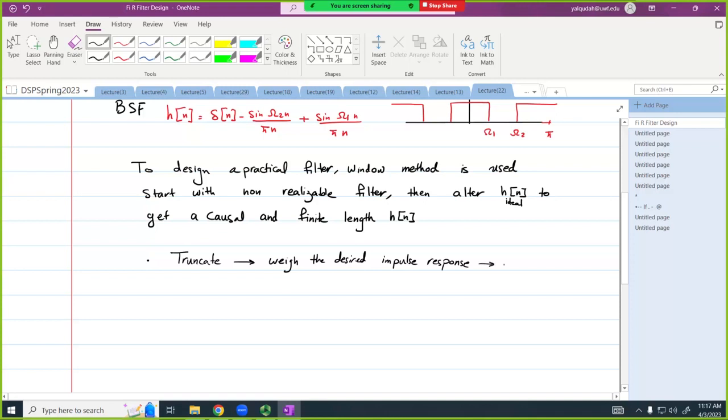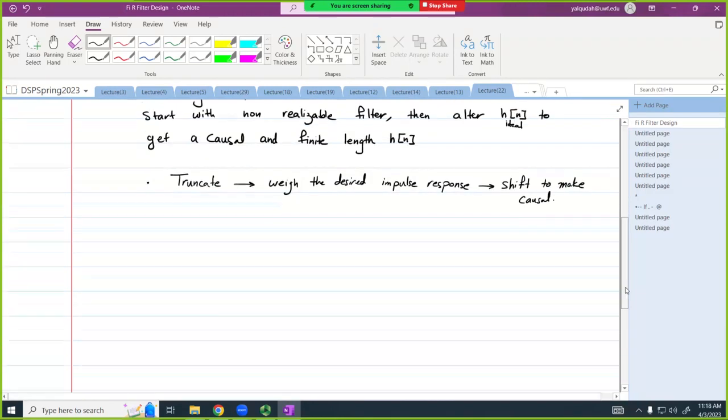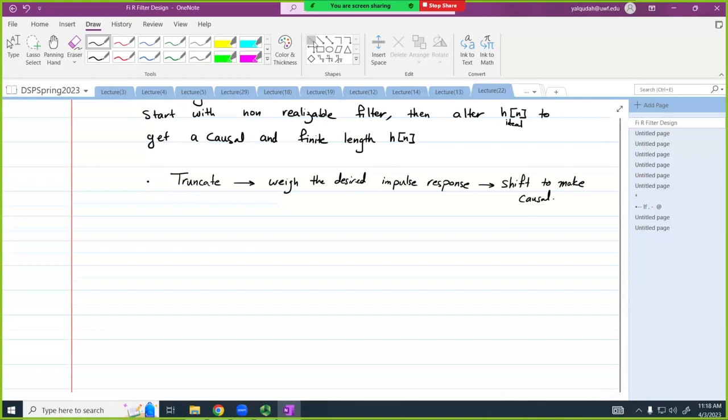And then we're going to shift to make it causal. Together? Make sense? Okay. So what we're saying is that from the previous page, if I look at the impulse response of any of these filters, it's going to look something like this.